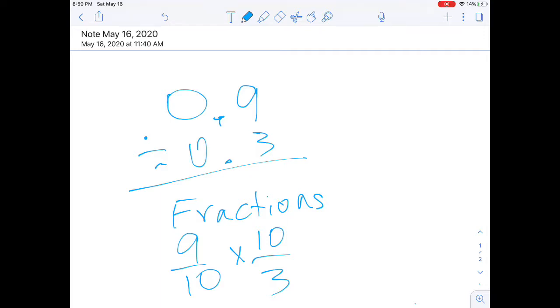So 10 and 10 go out, and 3 goes into 9 twice. So your answer would be 2.